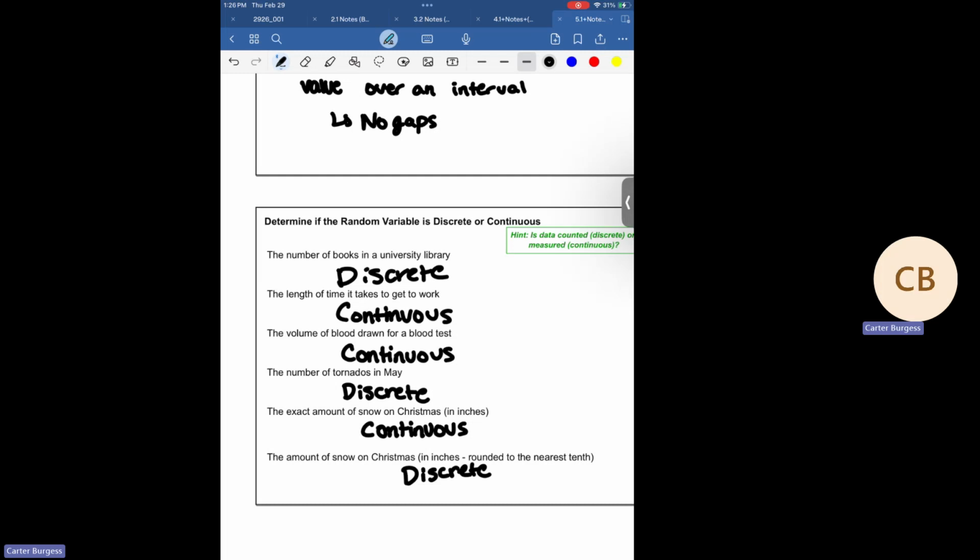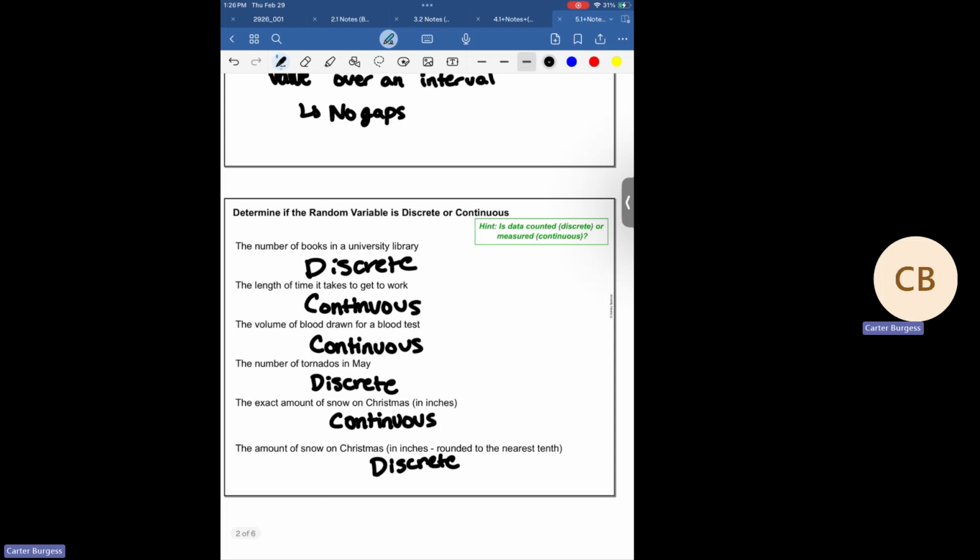So for instance, it is entirely possible to see 10.05 inches of snow. That's possible, right? But what is our random variable going to read as if we saw 10.05 inches? This is going to be reading it as 10.1. Right? So it can never actually occupy this value of 10.05, even though that might be the true height.